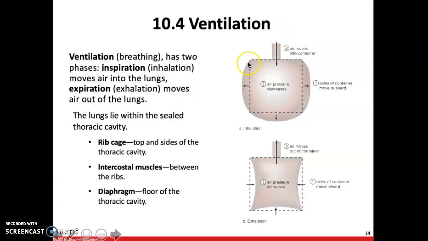So what happens is this is our normal volume of air. When we expand that volume, air pressure is going to decrease and air is going to move in. In the event that we squeeze on those sides, air pressure is going to increase and air will be pushed out. You can think of it like a balloon.